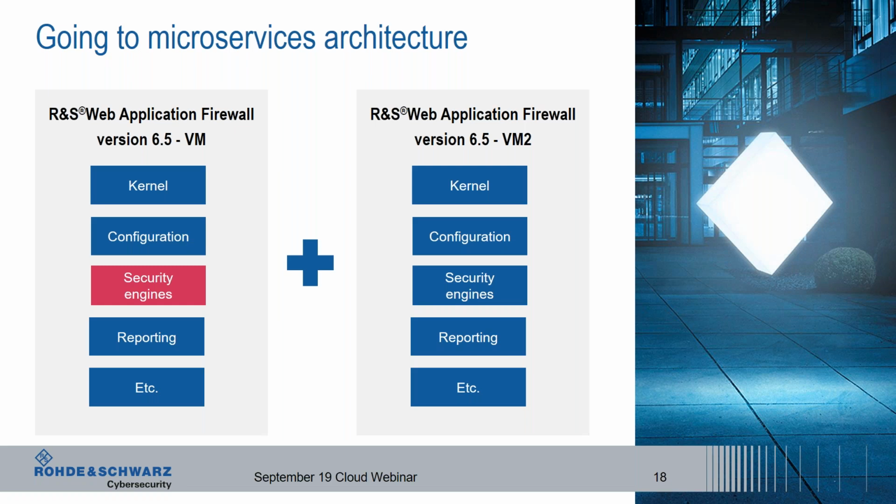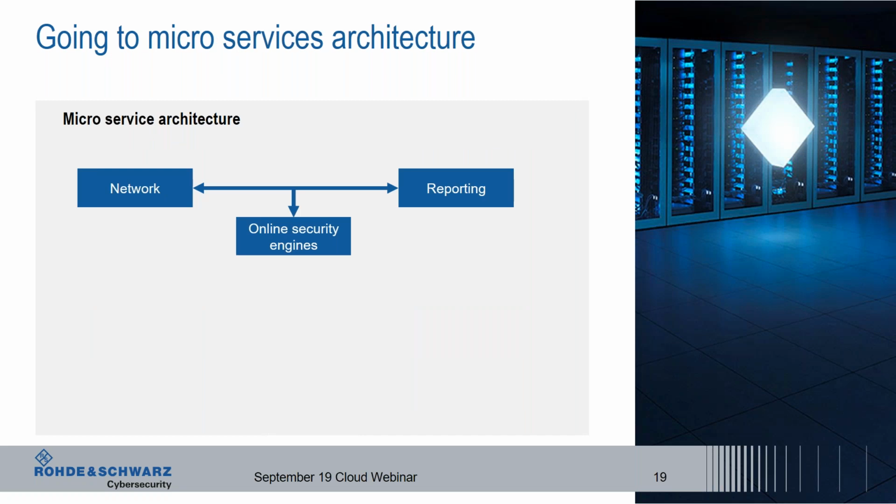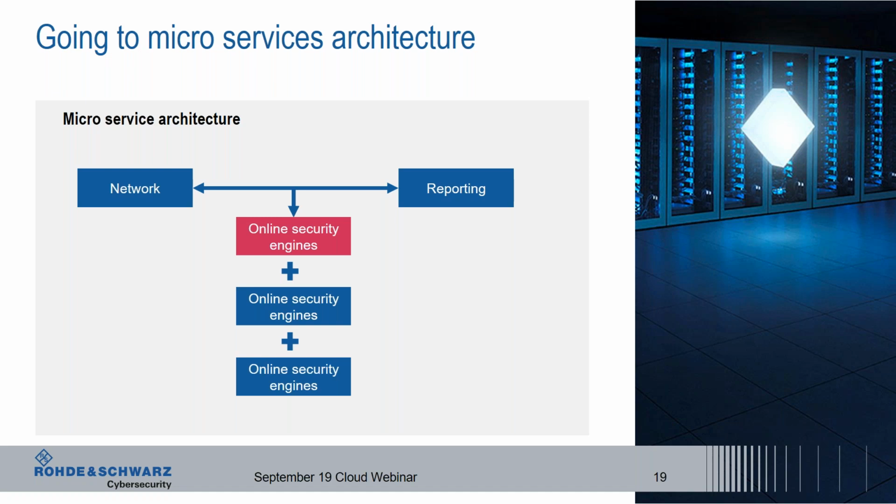So it's really okay. It answers the customer needs, but we want to go deeper with a microservices architecture and have each functional capability inside a different container, so that if the security engines need to scale, you won't have to scale all the capabilities that were inside a virtual machine, but only the security engines.